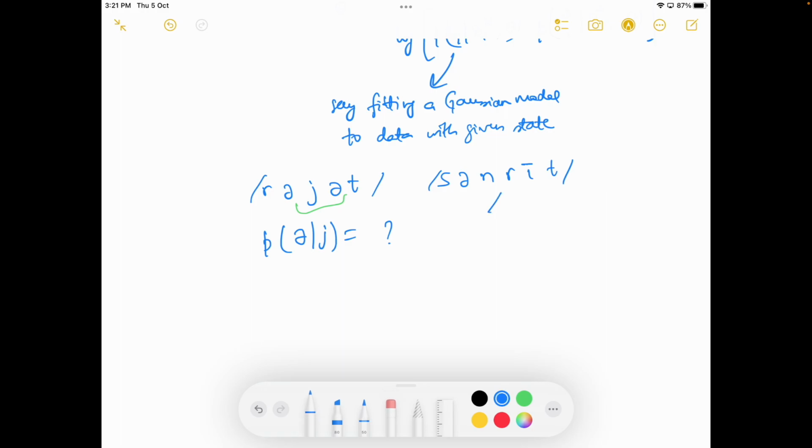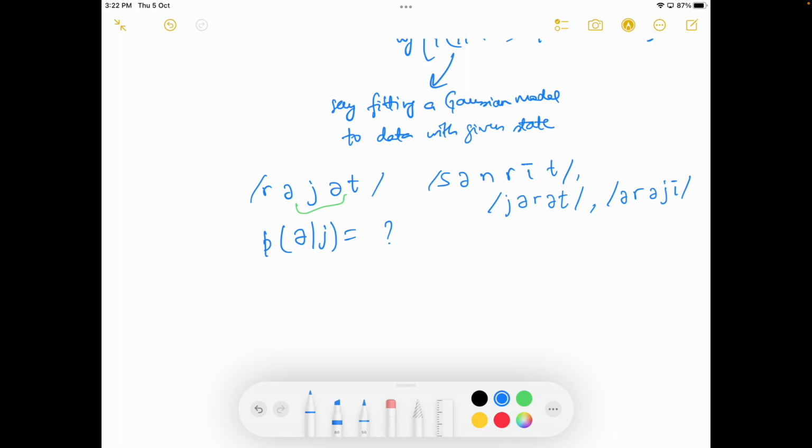Let's say just some random words. Okay. Tell me what is the probability of A given J?